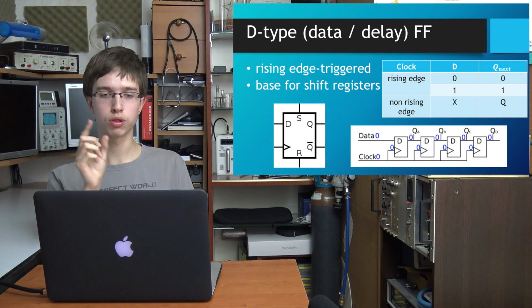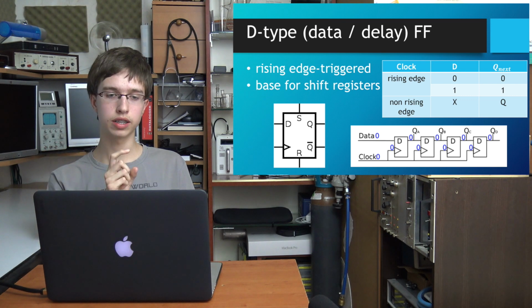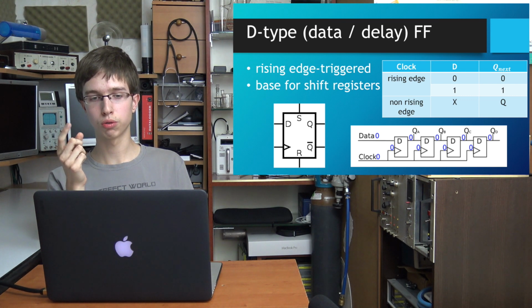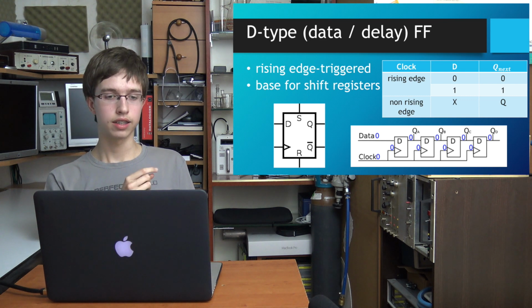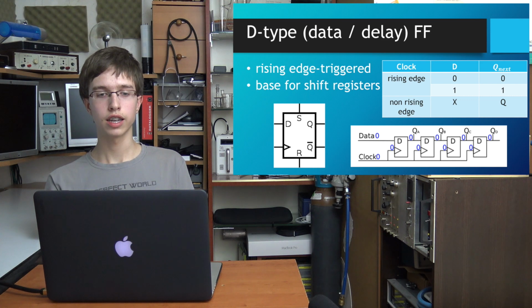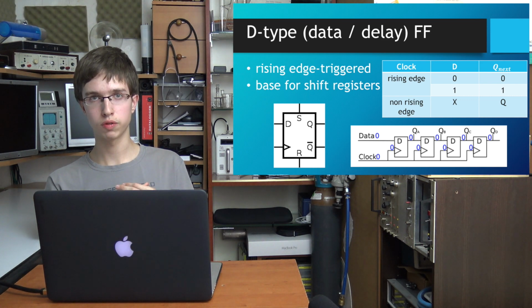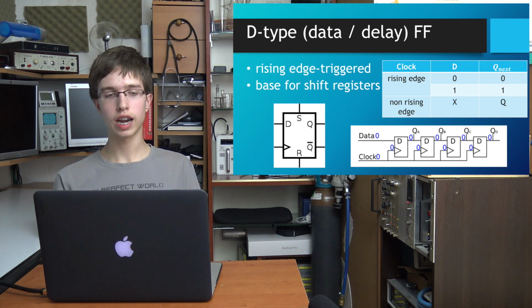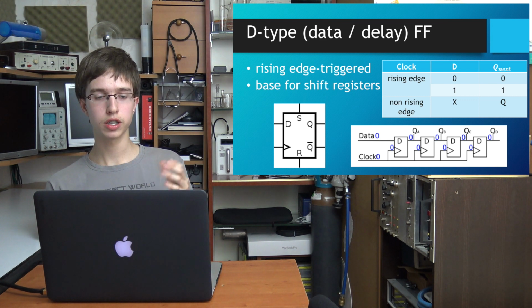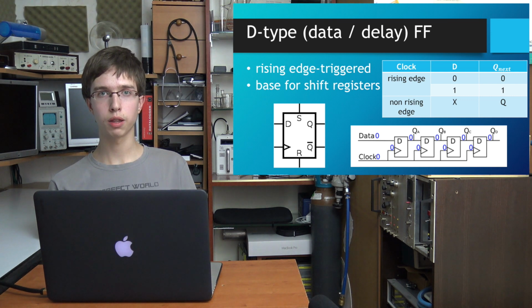So D is 0, also Q next is 0, and when D is 1, also Q next is equal to 1. And when there is no rising edge on the clock, then Q next always holds the state of the previous Q. D-type flip-flops are the base for shift registers, we can see in this picture, and we are going to talk more about them in the third part of the digital logic video.